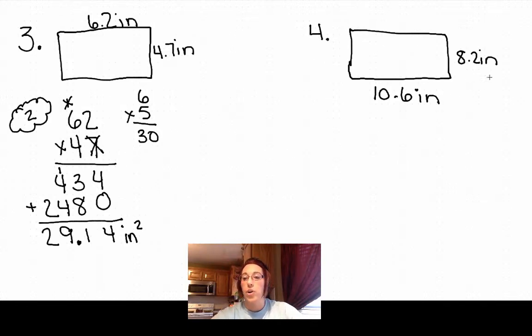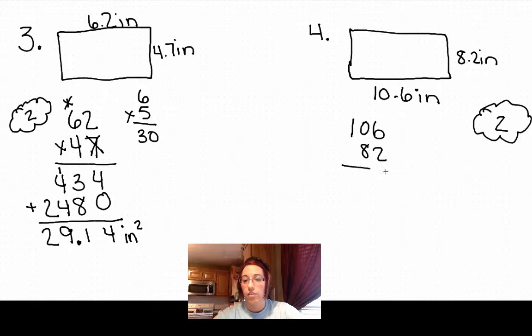Let's look at number 4 over here. We have 1, 2 numbers behind decimals. And then we line up and multiply. 6 times 2 is 12. 2 times 0 is 0, plus 1 is 1. 2 times 1 is 2.